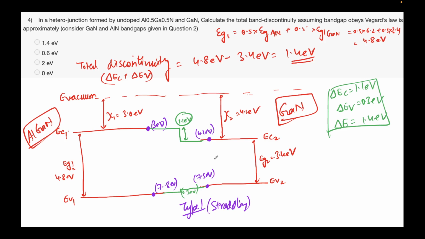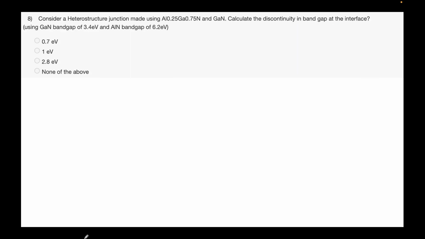Okay, right. So same problem, this time again the same materials, just 25% AlGaN. So first I just need to determine the band gap Eg1, so that will be 0.25 times the band gap of aluminum nitride plus 0.75 times the band gap of gallium nitride. I'm again ignoring the bowing parameter, so this will be 0.25 times 6.2 plus 0.75 times 3.4.